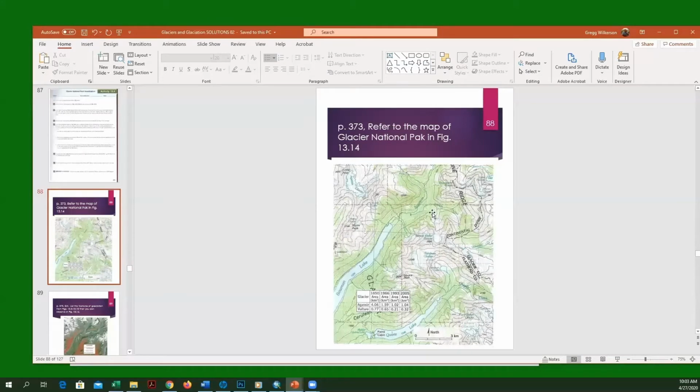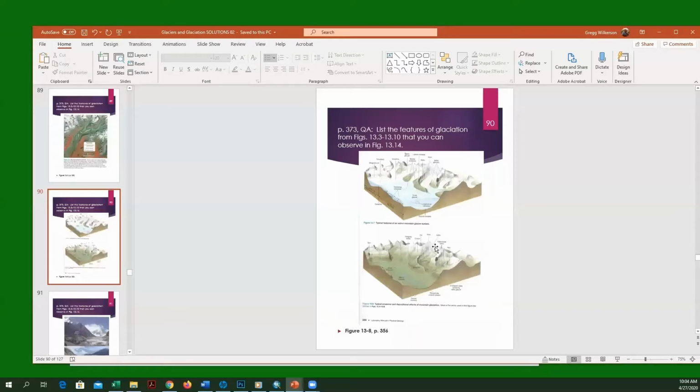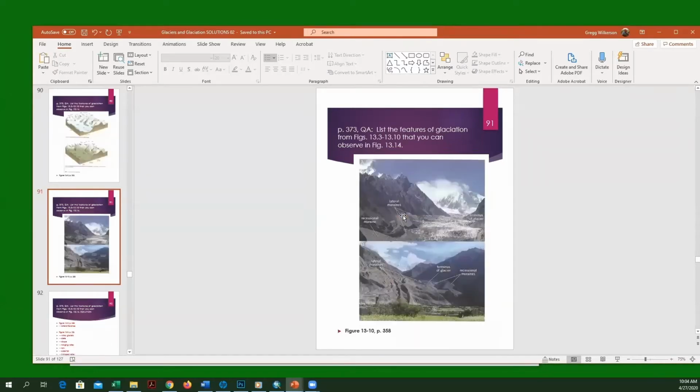This is the figure that we're going to use to answer the questions, as well as this one. This has a list of the glacial features that we need. And this one also gives us a basis for the listing of the features.